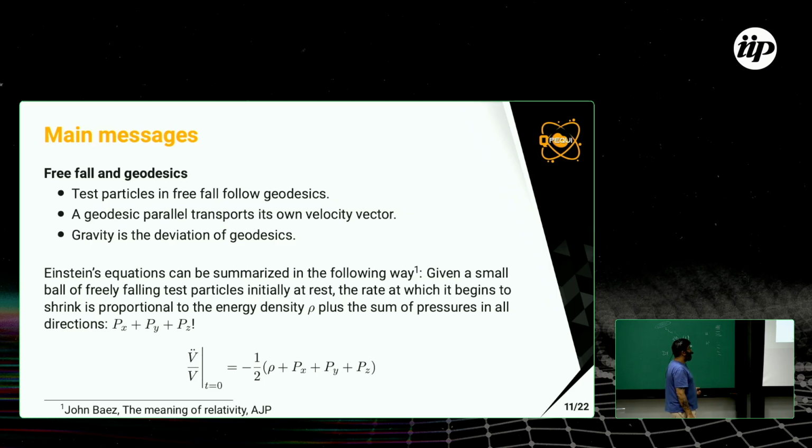But then you say, well, why not use this equation instead of Einstein's equation, an extremely complicated one? Well, because this is not the entire content of gravity. This is the meaning of Einstein's equation in a single reference frame where we started with the ball at rest.